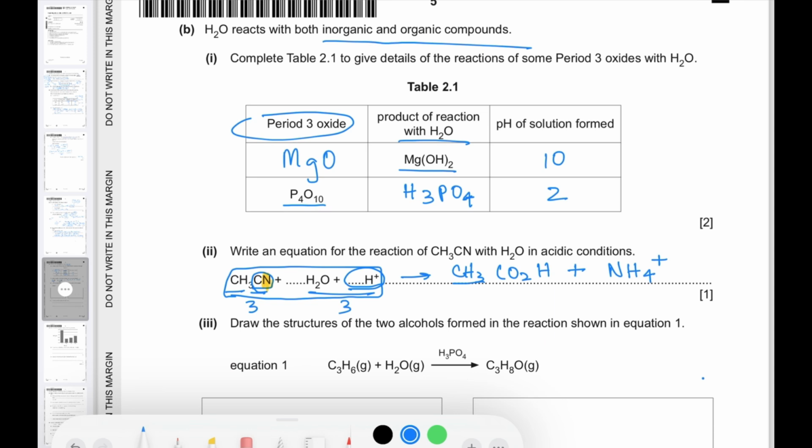So it's 3, 4 plus 4. We've got 8 hydrogen atoms here. Also, we have 2 oxygen atoms on the right side. That means we need to have 2 water molecules to balance this equation. And now we have 8 hydrogen atoms as well. And all other elements are also balanced.